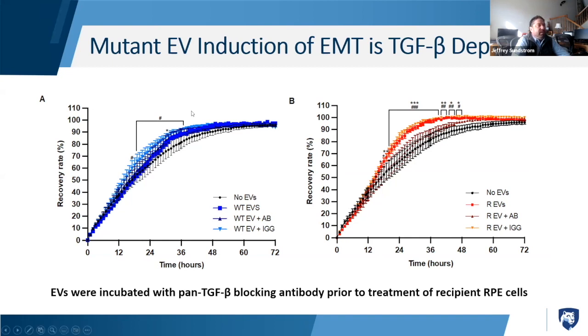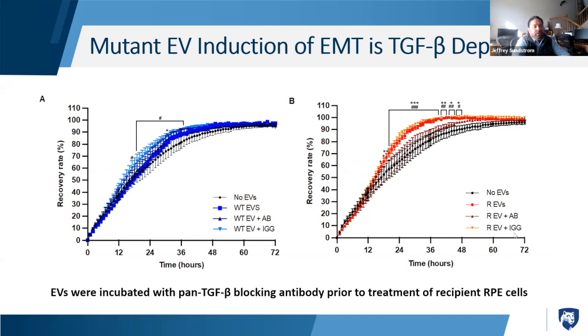And so this is a graph on the left showing the wild-type vesicles. There's no impact because wild-type EVs don't really accelerate wound closure. But when we use mutant EVs, shown here in red and orange, you can see that the mutant EVs close the wound faster.